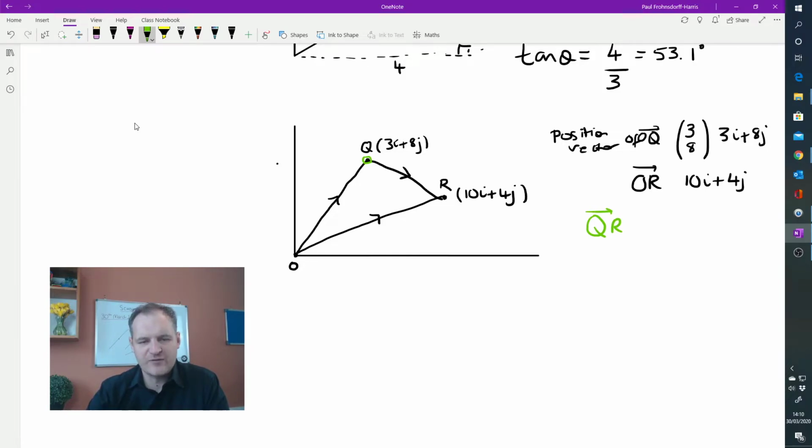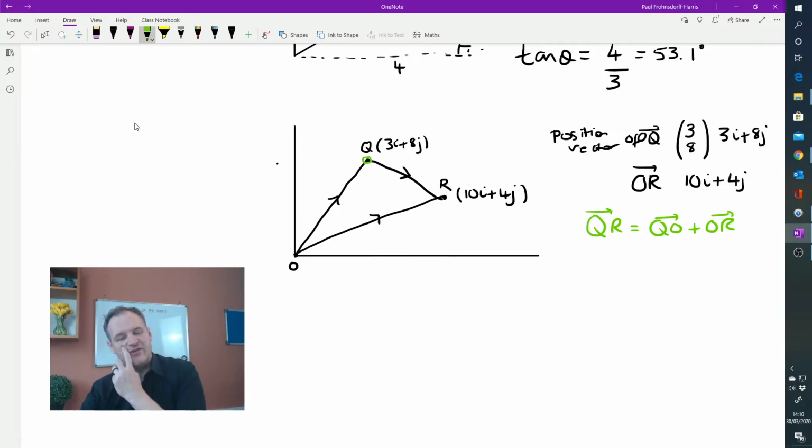So we need to travel backwards along the position vector OQ, then forwards along OR. So we're going to need to travel QO plus OR. This will always be the case. By drawing diagrams, you can always follow the route you need to take to work out what this vector is.